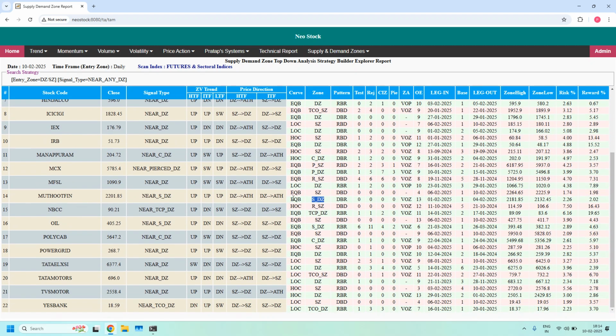Muthoot Finance is having a high liquidity daily demand zone. NBCC is having a high liquidity daily demand zone. OIL is pierced zone. Polycab is having a high liquidity daily demand zone. So that's it. We have identified 6 high liquidity daily demand zones from this list.